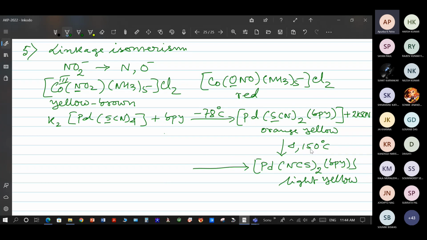If you take K2[Pd(SCN)4] with S coordinated, add bipyridyl, and do the reaction at room temperature, you end up with a compound where thiocyanates are coordinated via the nitrogen donor atom. But if you do the same reaction at low temperature, we observe that it is coordinated via its sulfur atom to the metal center.